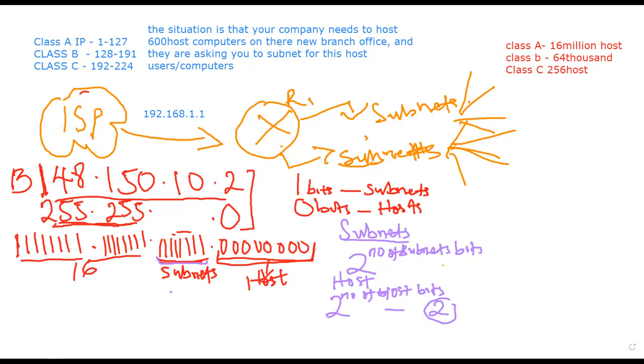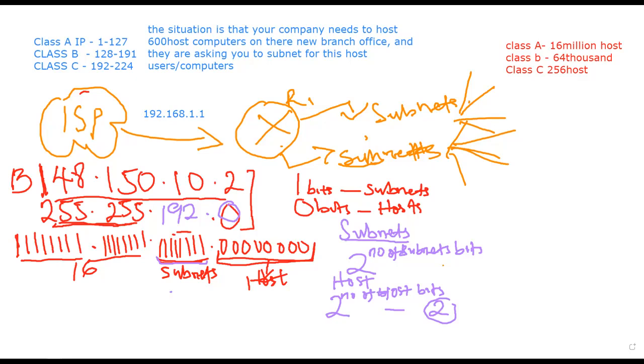Now let's make this 192.0. We've just changed the subnet mask. Of course, it's still a class B IP address. We've just changed the subnet mask to 192.